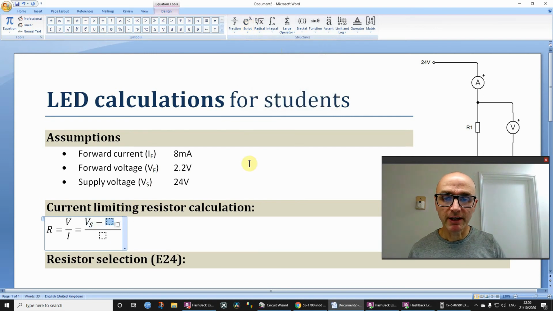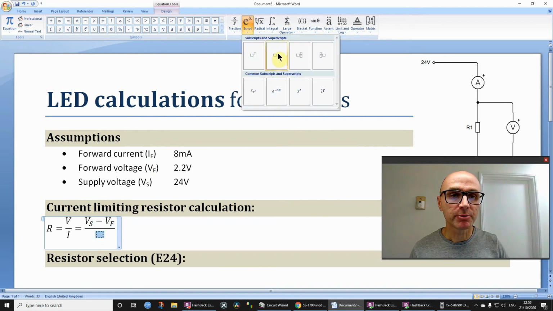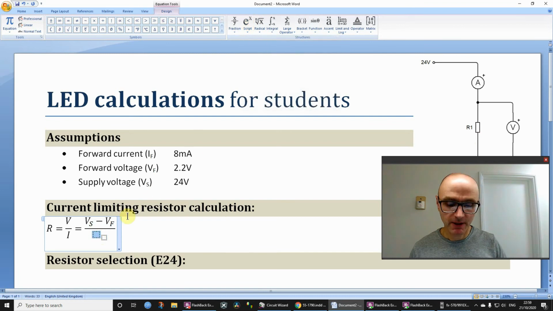So then we have the forward voltage drop, so VF. That will give us the voltage drop across the resistor. Then IF, wasn't it? So go subscript again, and so IF. Hopefully that makes sense so far.